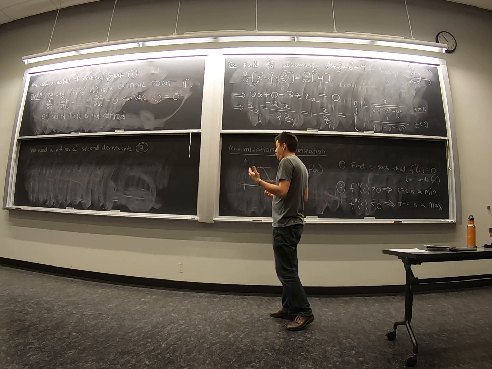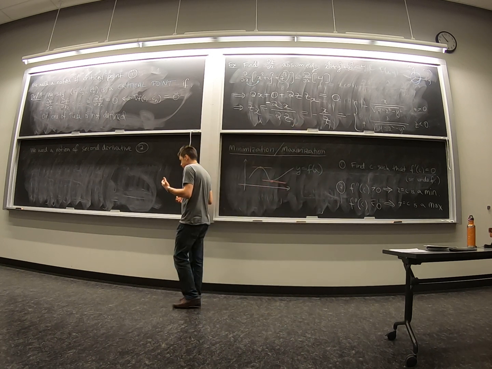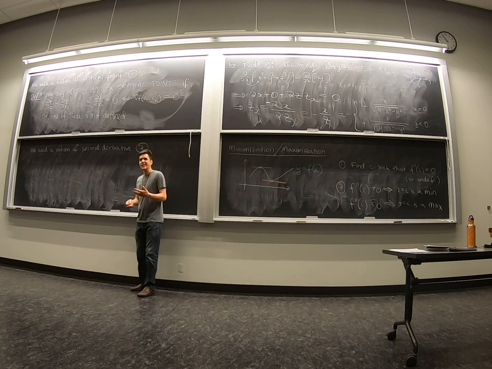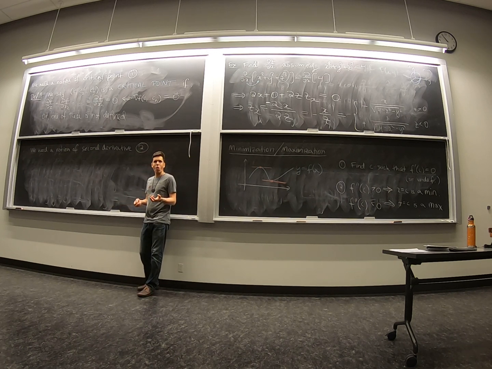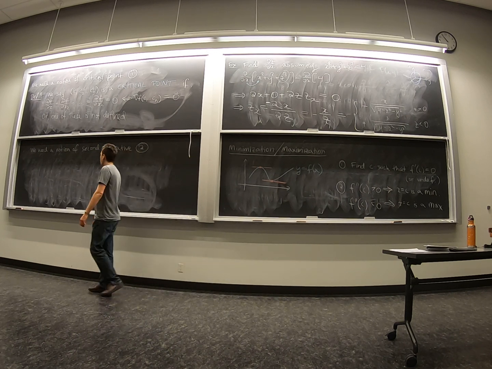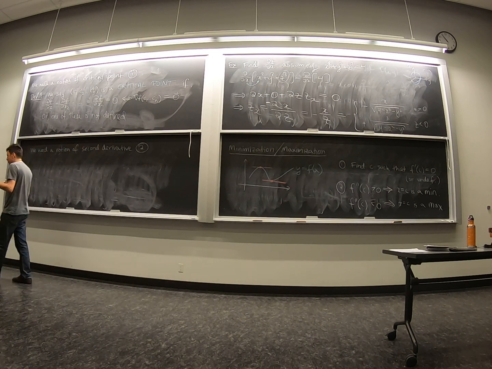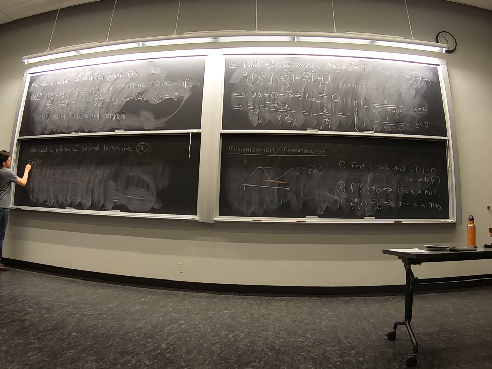If we've got n variables, then we've got like n squared second derivatives. So what we're going to do is collect all of those n squared pieces of information together into one thing that encodes the second derivative.